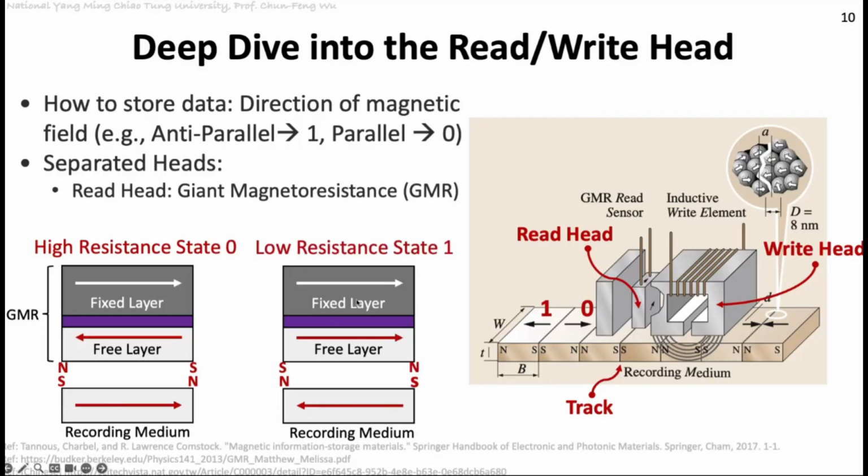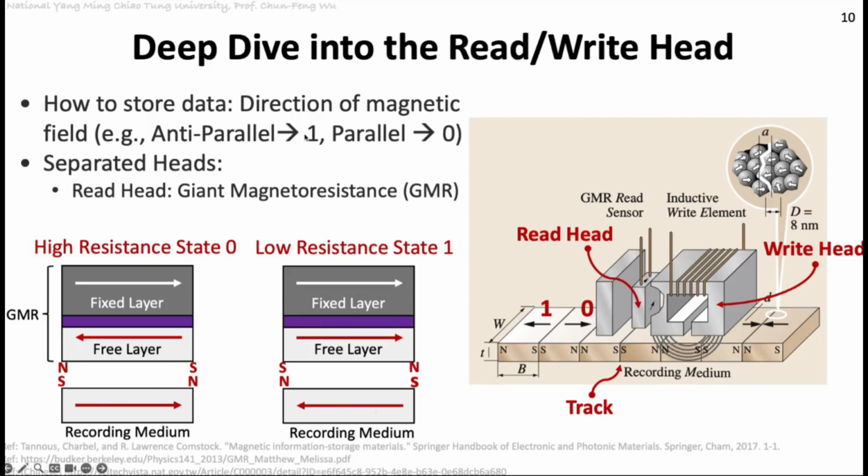So the same thing, if you give the same voltage, you'll get a higher current from this GMR structure. Okay, so the fixed layer direction and the recorded medium are anti-parallel, so we call it 1.